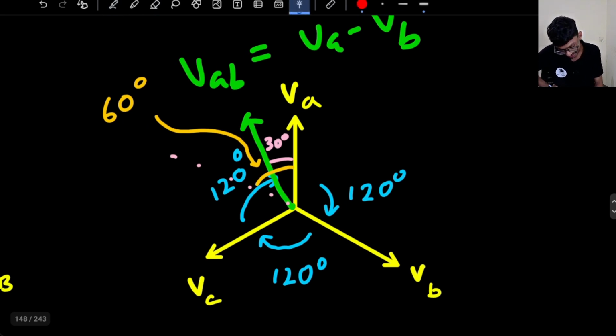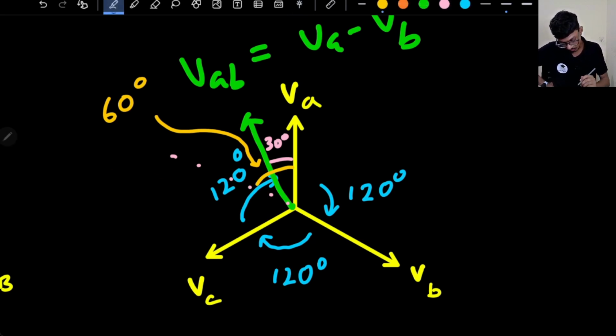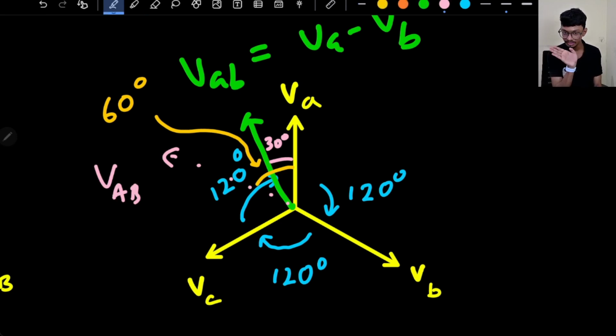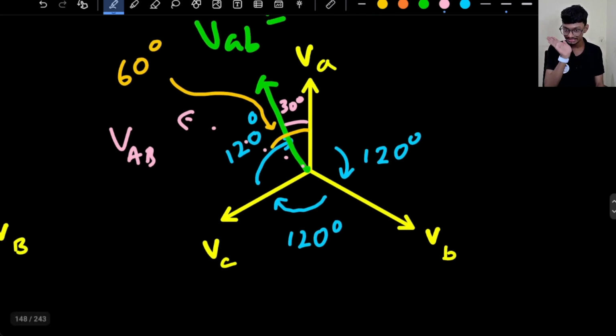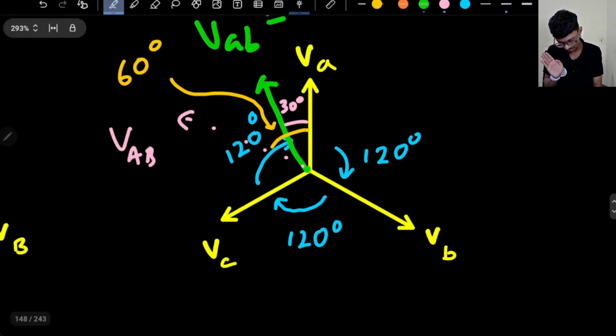So what is the phase difference between the high voltage line voltage and the low voltage line voltage? My high voltage is here, this is basically VAB, minus of VB. So my high voltage is leading the low voltage line voltage by 30 degrees. I'm saying voltage so many times, I hope you are understanding the point.